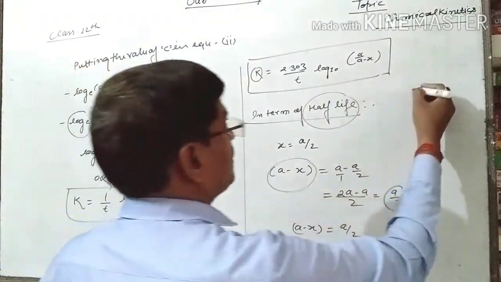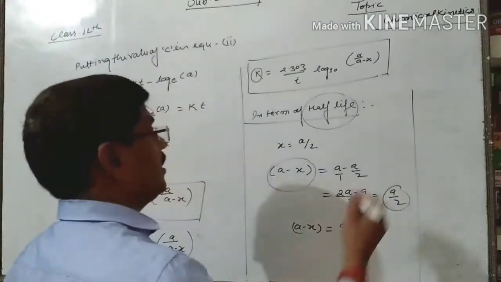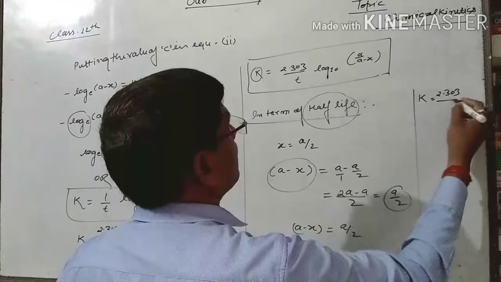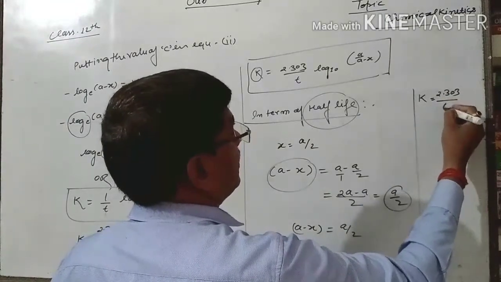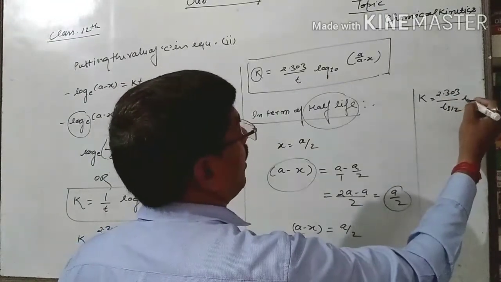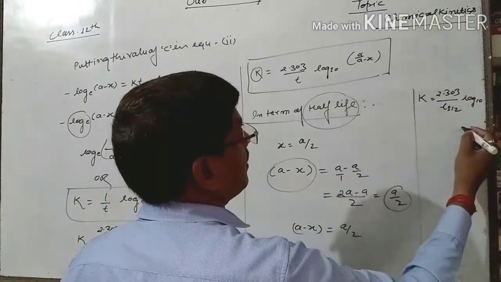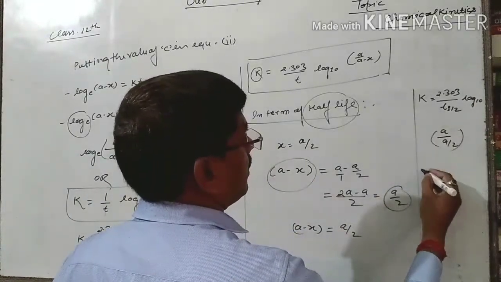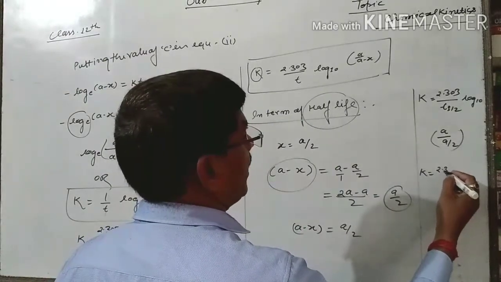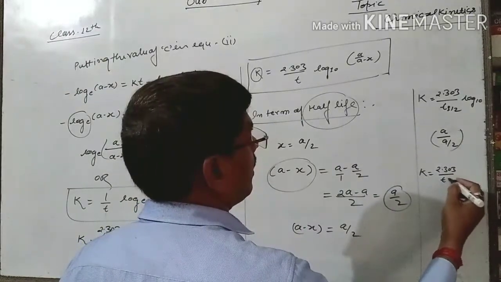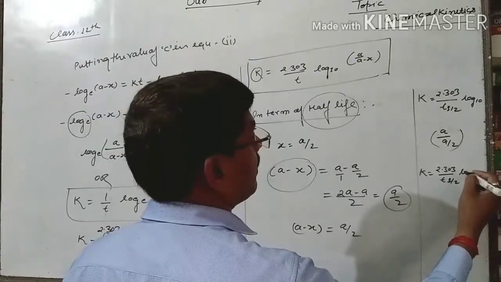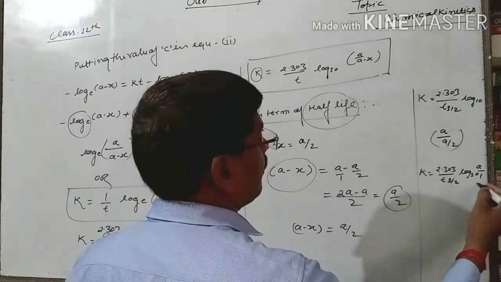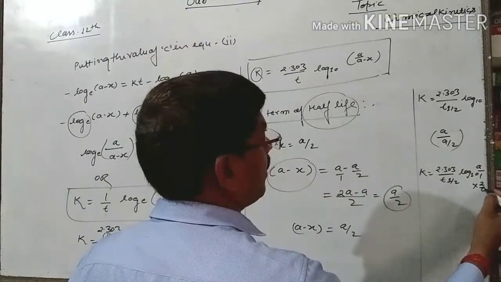So I have to place this value here. K is equal to 2.303 upon t half log 10 base a upon a by 2. Now once again, k is equal to 2.303 upon t half log 10 base a upon 1 into 2 upon a.